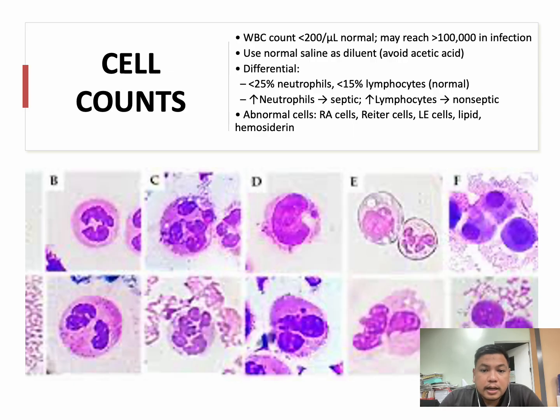Increased neutrophils account for a septic or bacterial infection. Increased lymphocytes probably indicate a non-septic or viral infection. Abnormal cells can also be found, like RA cells, Reiter cells, LE cells, hemosiderin and lipids.